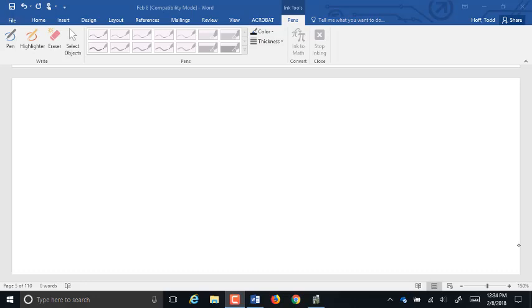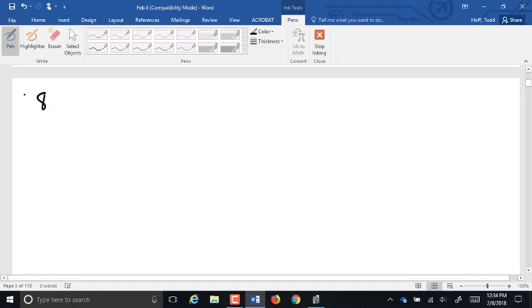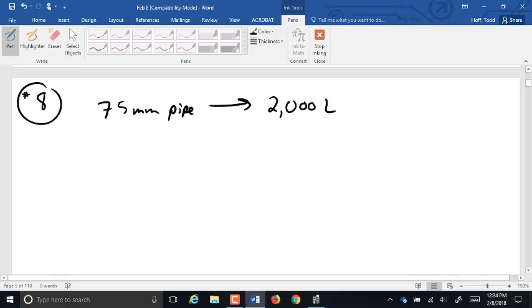One of the problems was number 8. It says wastewater technology, a 75 millimeter pipe discharges 2,000 liters of wastewater in a given period of time.